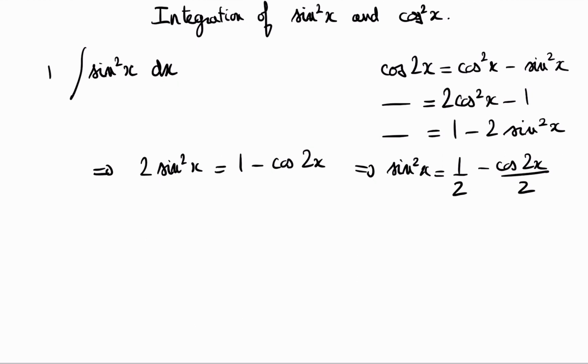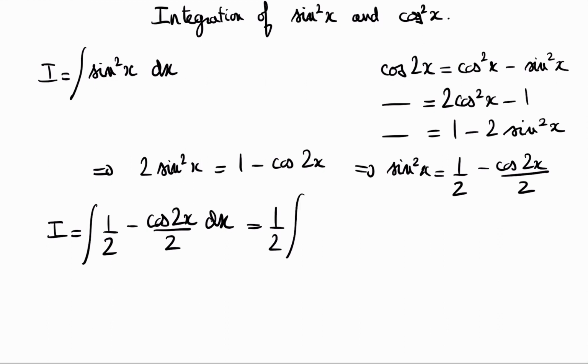So the integral here becomes the integral of 1/2 minus cosine 2x over 2 dx. Okay, I should have pulled out the 1/2: 1/2 of 1 minus cosine 2x dx.